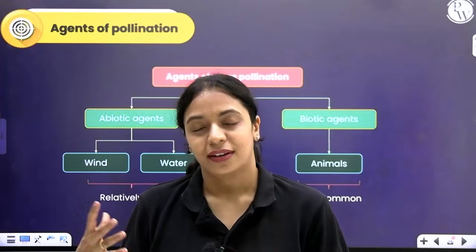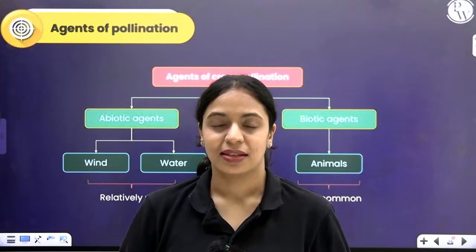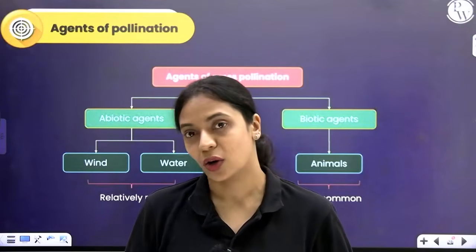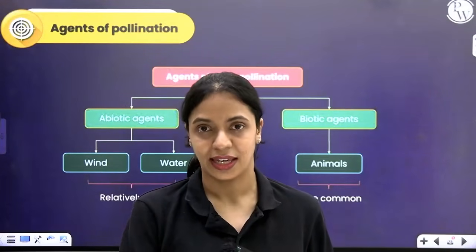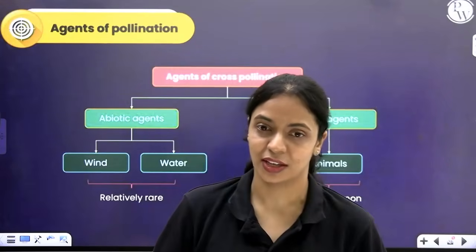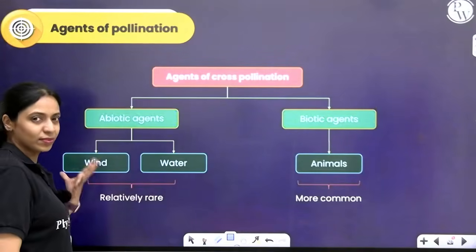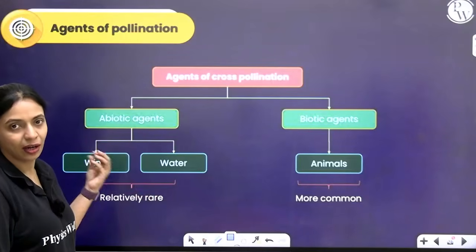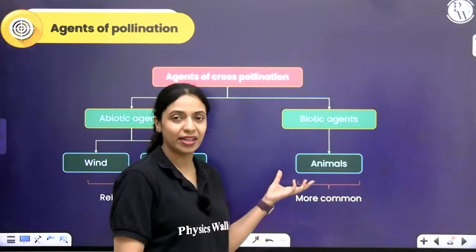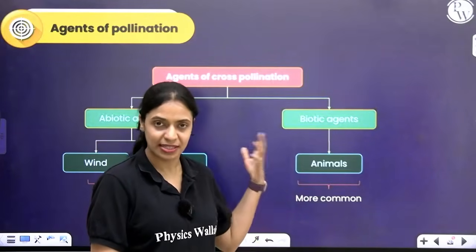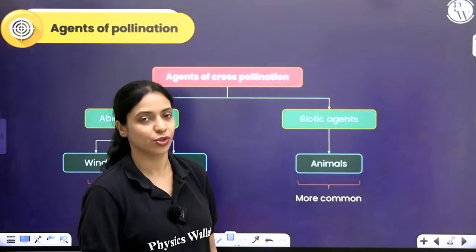If the external agent is non-living like wind and water, we call it abiotic agents. If it is living like insect and bird, then we call it biotic agents. Abiotic agents, wind and water, this is rarely found in plants. More common one is animals. Among animals, insects. Among insects, it's bees, that is most common.